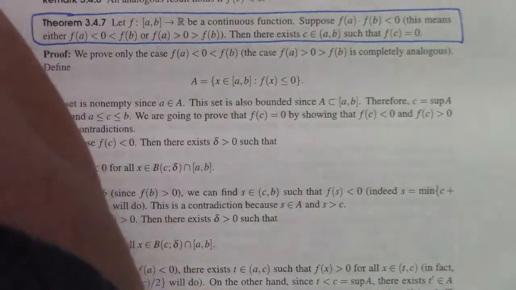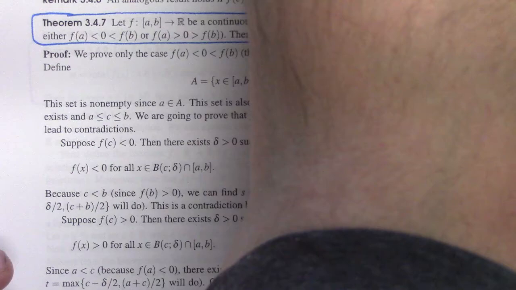Bolzano, B-O-L-Z-A-N-O. Well, that's apparently a city in Italy. That's not helping us. I'm looking for Bolzano's theorem. Let's see here.